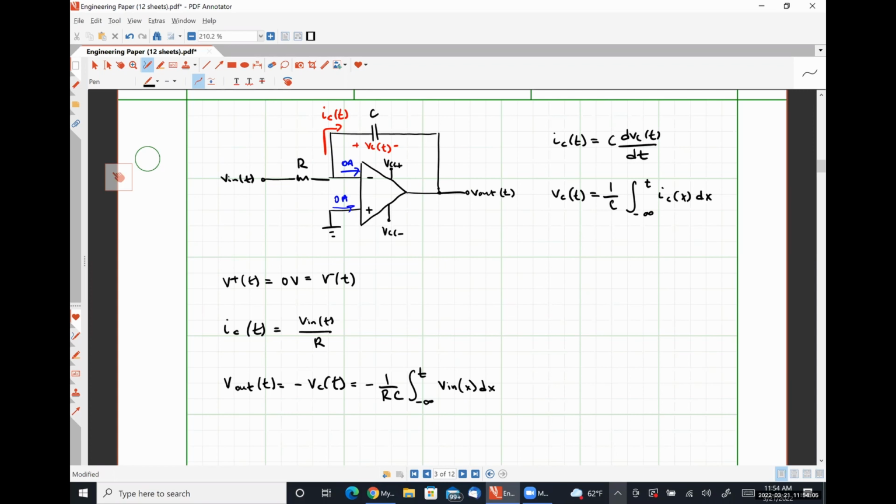Now, I am doing a little bit of hand waving here because obviously we're not really going to know what's going on at t equal to negative infinity.